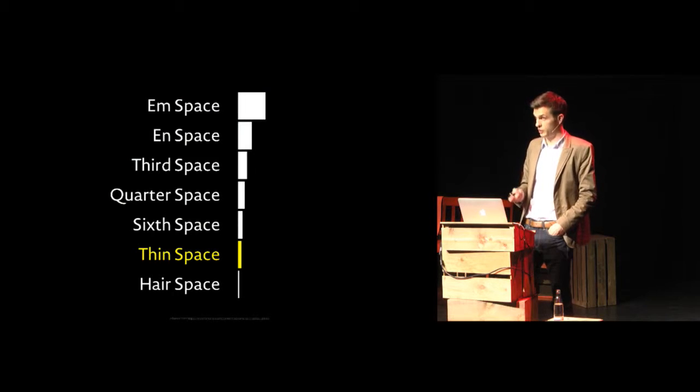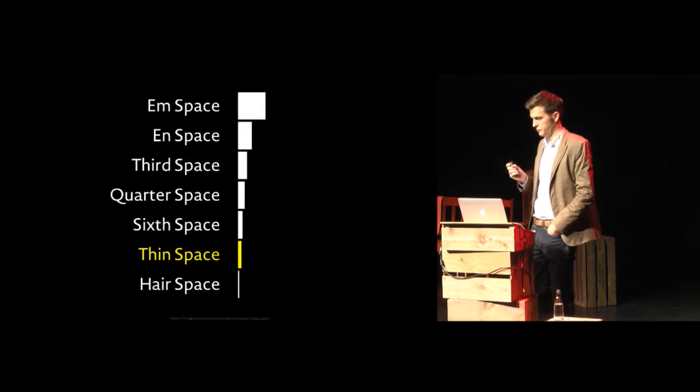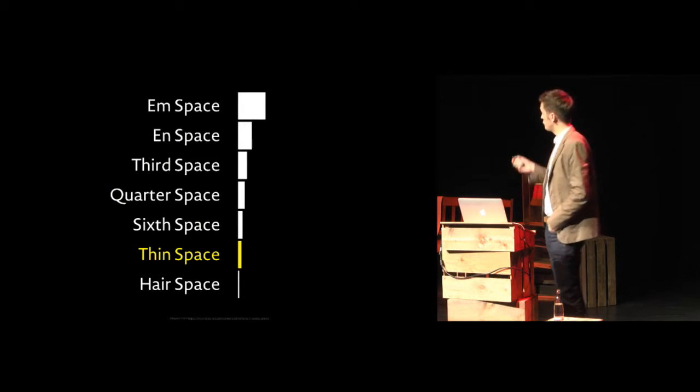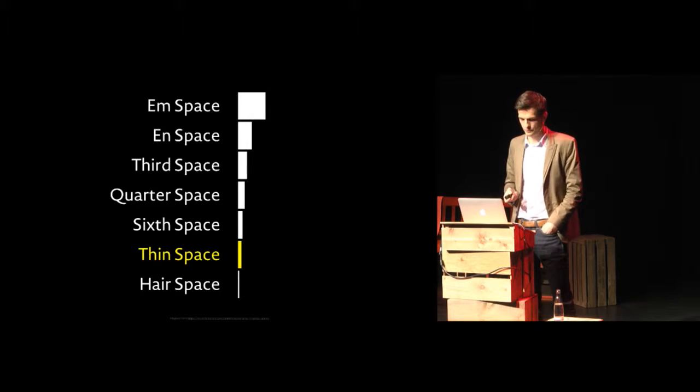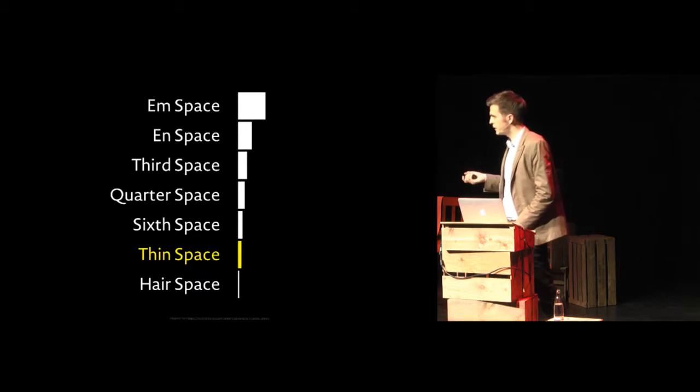In typography, we have lots of spaces because one space is not enough. We have even more than these. This is just a small collection of the most common ones. So it's really a Fass ohne Boden. How do you say in English? A bottomless pit, I think, when you want to be serious about typography.